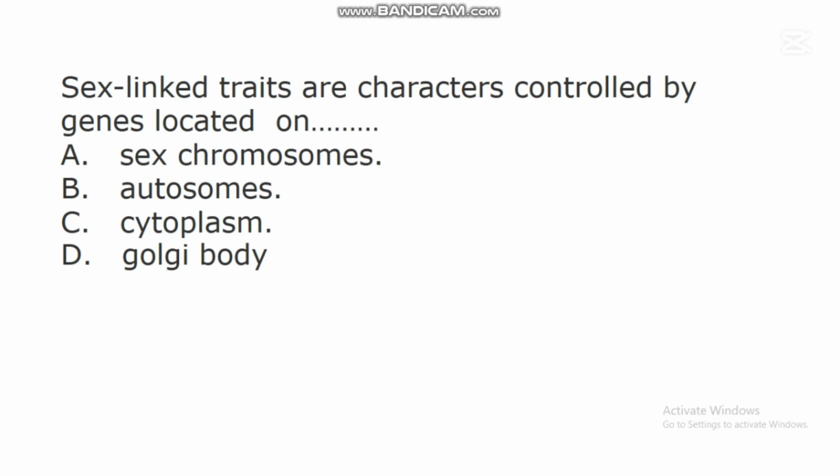In this question, the correct answer is A. Sex chromosomes. Sex-linked traits are those traits or characters that are controlled by genes located on sex chromosomes. So these traits are located mainly on X chromosomes.